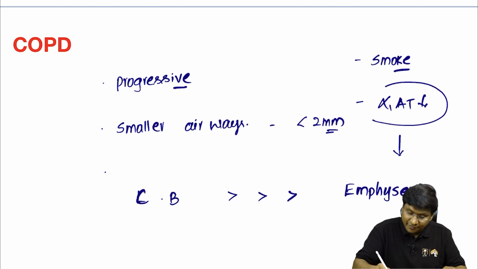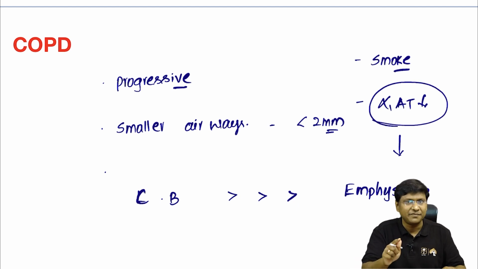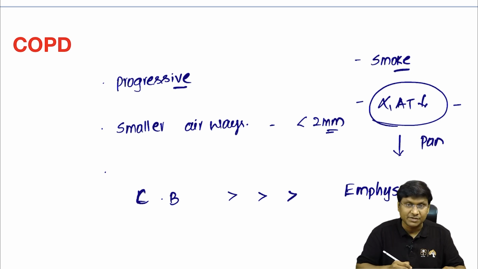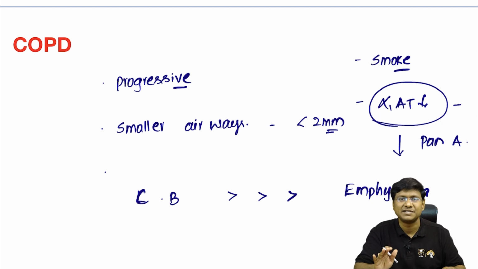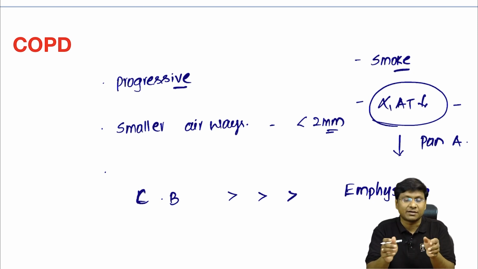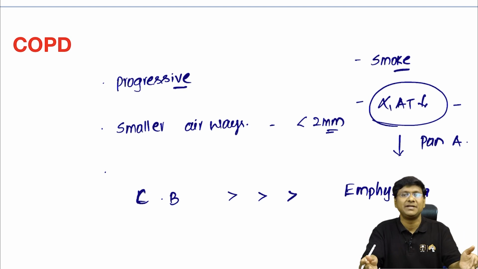And if you take this alpha-1 antitrypsin deficiency, what type of emphysema will this lead to? This particular alpha-1 antitrypsin deficiency will result in the pan-acinar type of emphysema. Now what do you understand by this word pan-acinar type of emphysema? In pan-acinar emphysema, the entire acinus, which is the gaseous exchange unit, is abnormally and irreversibly dilated.